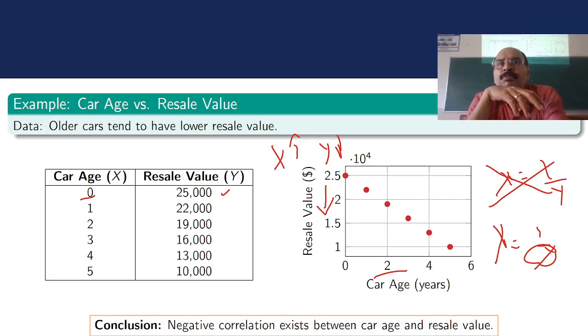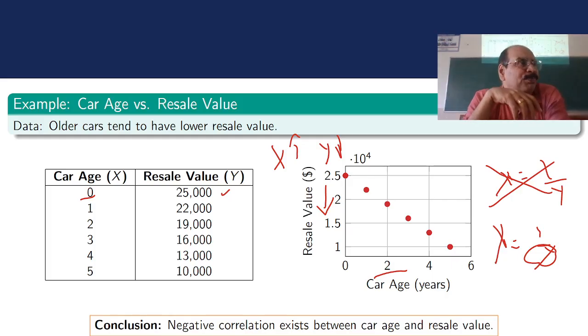For example, most of you have applied for an education loan in the bank, right? Your annual family income and the amount of money sanctioned to you as education loan, is there any correlation? Can you do it as a project? What is the relationship between the annual income of a family and the amount of loan that the bank sanctions to somebody who has applied?